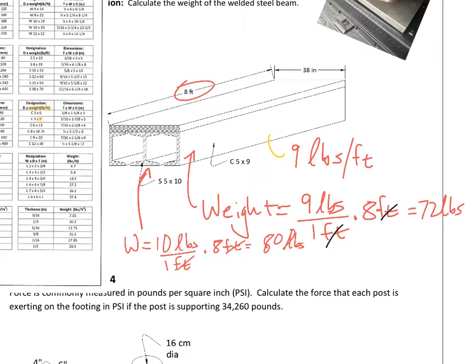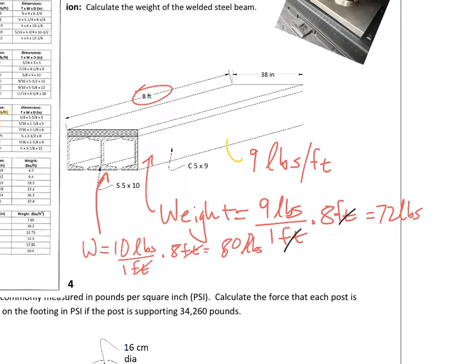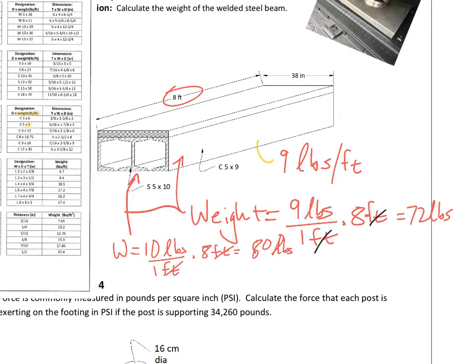The C channel is 72. They're actually both 72, so let's put an arrow over here too. So we got a couple 72s. We have an 80 pounder, and then we have this top piece. Now those beams were just based off their length.